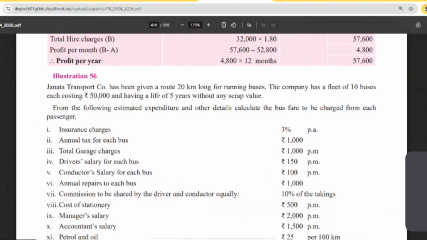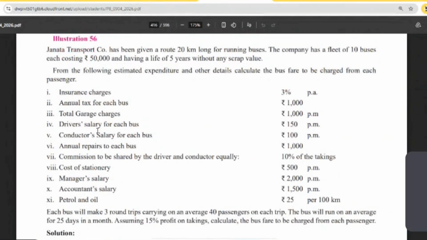We know why this information has been given, just to calculate the depreciation cost.